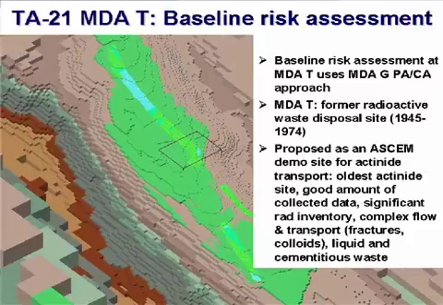potential site for application related to ASCIM, is that it's really the oldest actinide site with very good records of data, significant RAD inventory, and also the other issue, which is that it's cementitious waste.